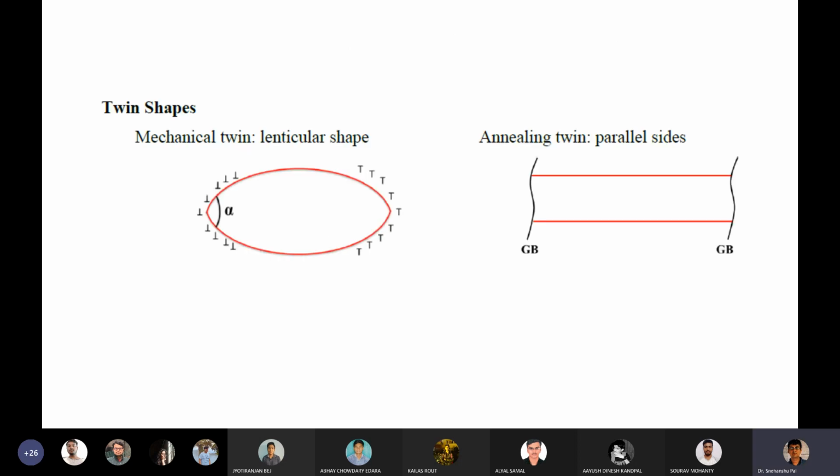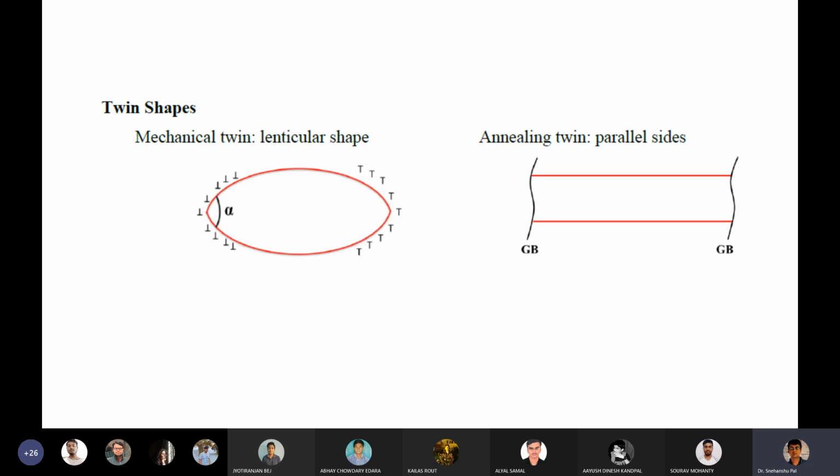Now you have to understand the twin shape. If you look at a mechanical twin, you are going to see a lenticular shape. And in the case of annealing twinning, parallel-sided twins from one grain boundary to another grain boundary are revealed.